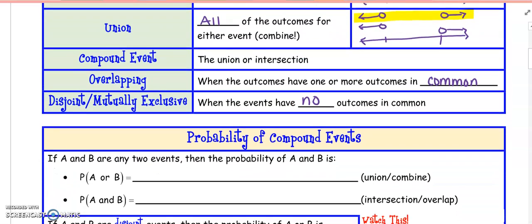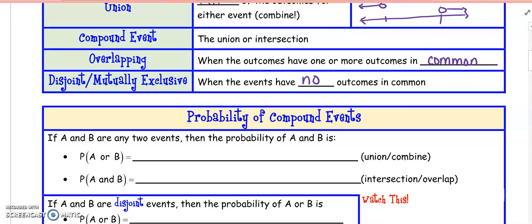So when it comes to the probability of a compound event, we have A and B being any two events.